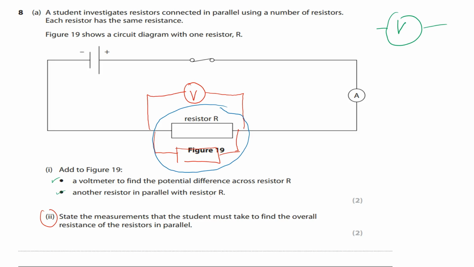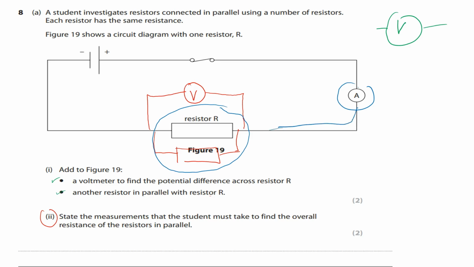Basically, you need to take the potential difference across the two resistors in parallel. That's going to be the first measurement. Then the second one will be to take the measurement of the ammeter, the current that is passing through the resistors in parallel.